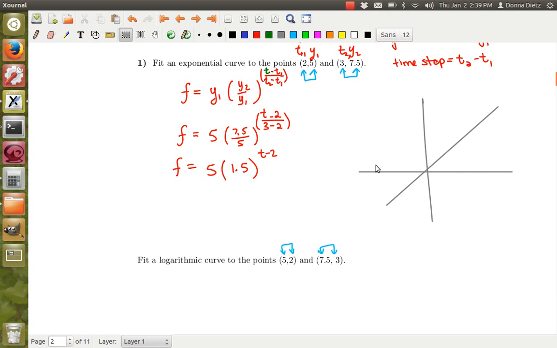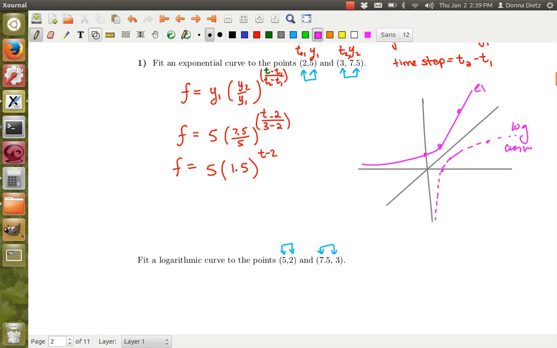So we have the line y equals x, and I'm going to try to sketch the exponential curve. 2, 5 is going to be somewhere over here, and 3, 7.5. It's going to go something like this. Kind of a bad drawing, but whatever is over here, there's going to be a similar thing over here, and this is going to be the log curve. This one is the log curve, and this is the exponential curve.